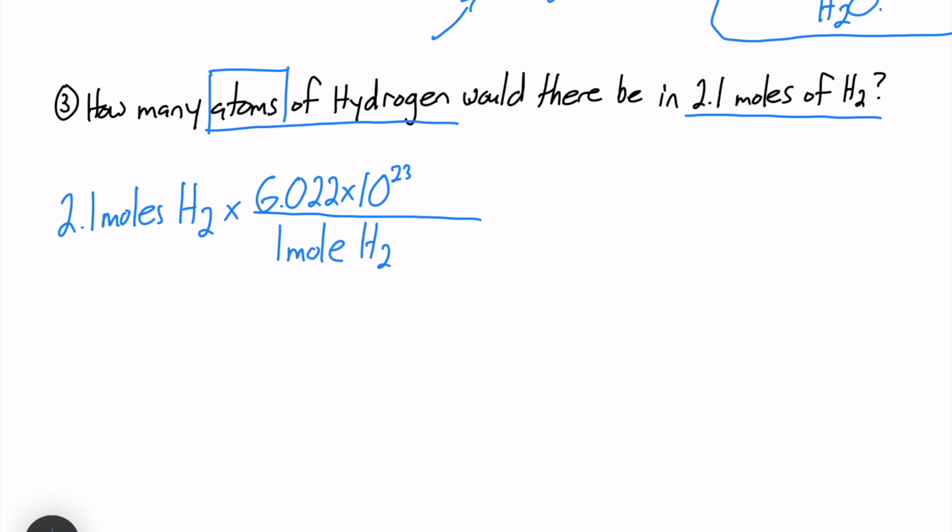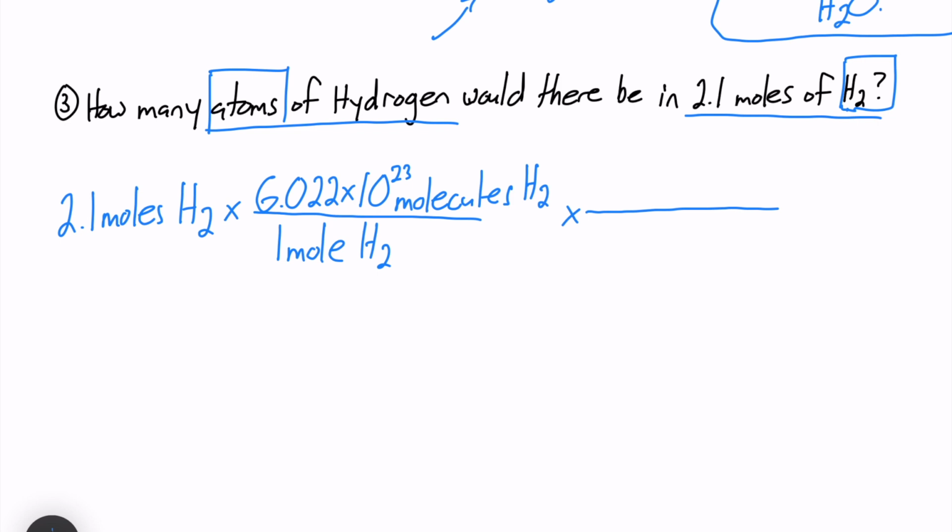Now remember here, folks, this 6.022 times 10 to the 23, this is going to get us to molecules of H2, right? Because hydrogen does not exist as just H. It's always as H2 when it's by itself. So this is going to get us to molecules of H2.